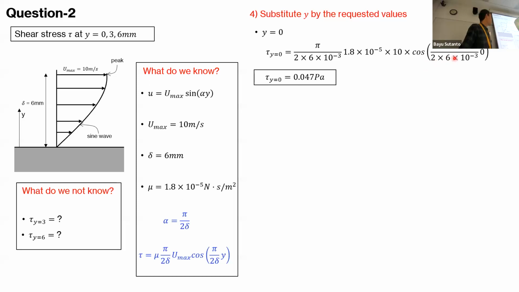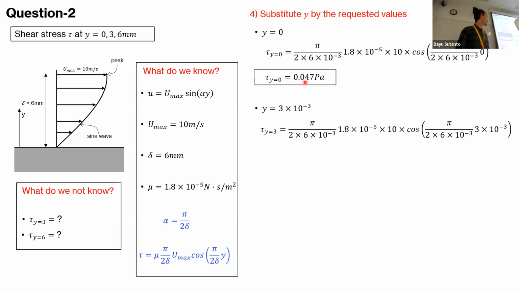When y equals 0, cosine of 0 is 1, and cosine of pi over 2 must be equal to 0. So the shear stress at y equals 0 is 0.047. The velocity is 0, but the gradient is not 0.